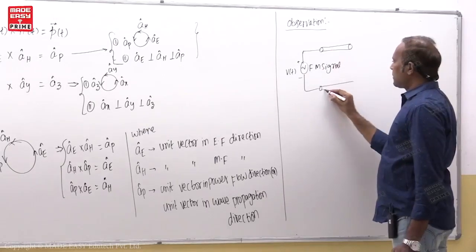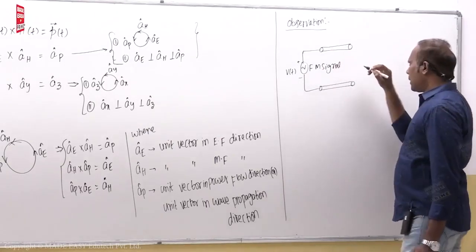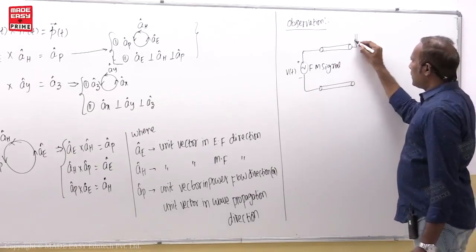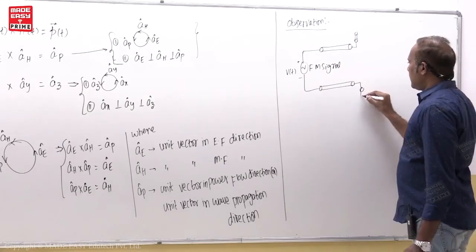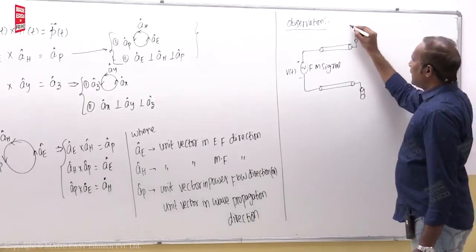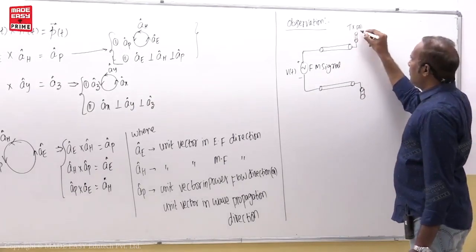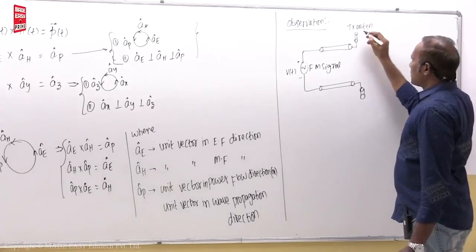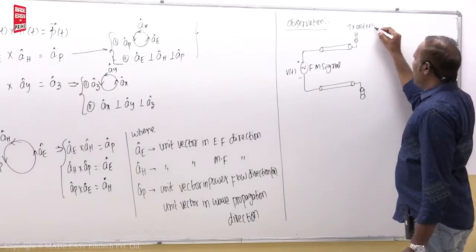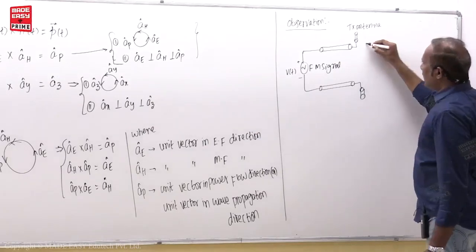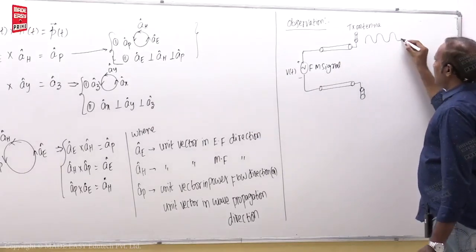Transmission line conductors, I will explain this in next chapter in detail. Now you are giving them to the antenna here. Then this is called transmitting antenna. TX means transmitting. Short form of transmitting is TX. So transmitting antenna. Now from this antenna, EM wave is traveling like this.